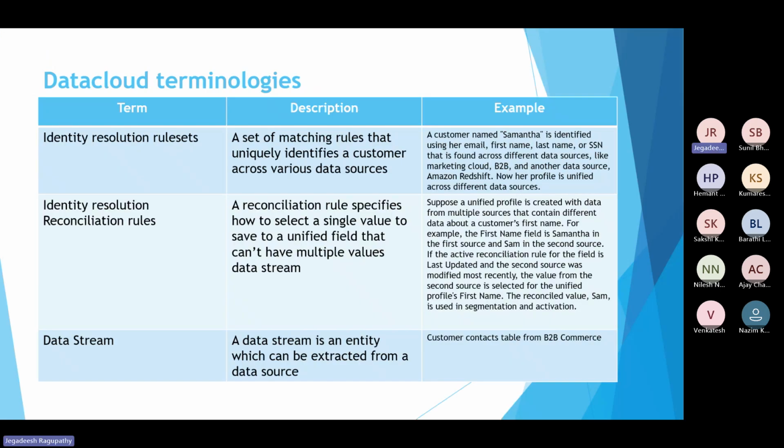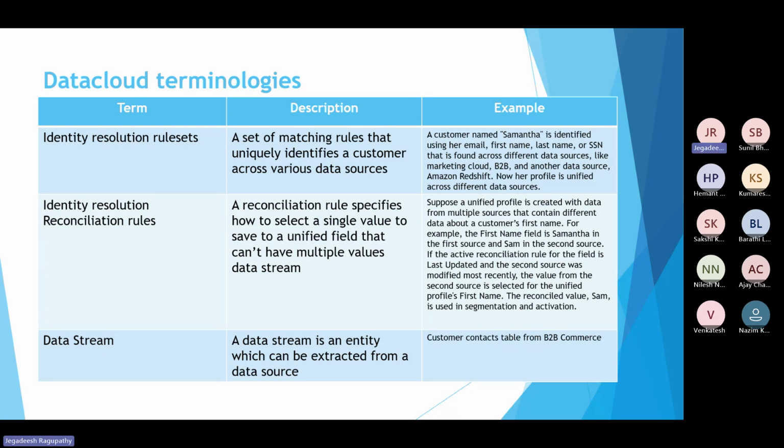Now let's come to different terminologies that we often use in data cloud. Identity resolution rule sets. In data cloud, the main purpose is to unify the data for a single customer across different environments.